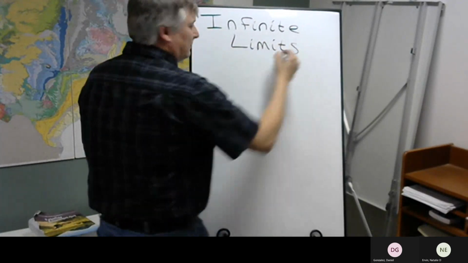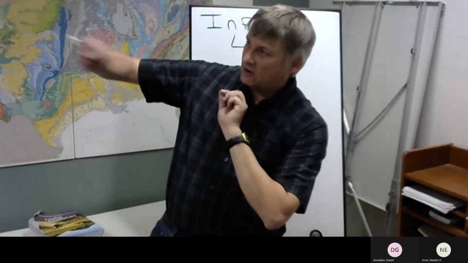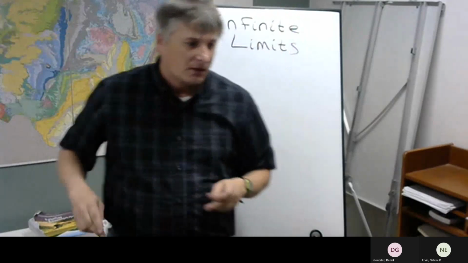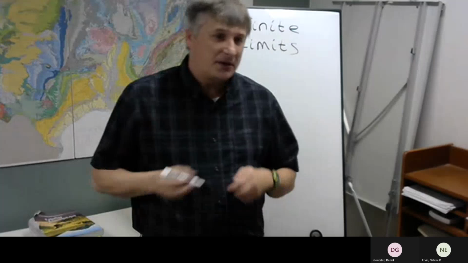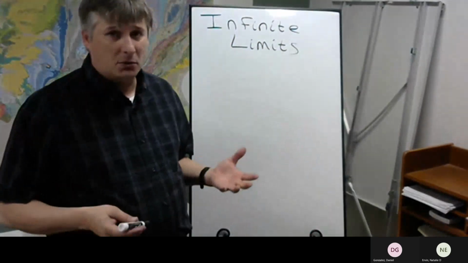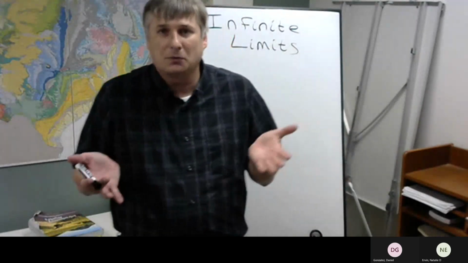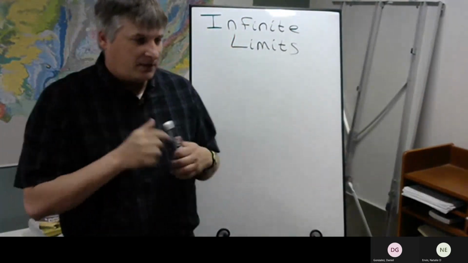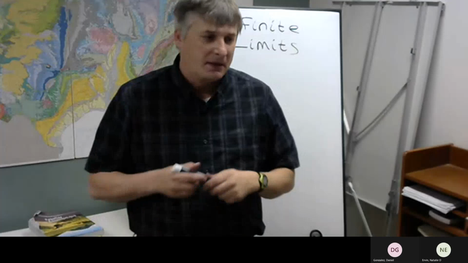Now, we looked at last time what happens if x just becomes bigger and bigger and bigger in the positive direction, or if it keeps going farther and farther in the negative direction. We call those limits as x goes to positive infinity or negative infinity. What we're looking at here, though, is different. Here we're going to be looking at situations where x is approaching some number, x equals c, but the function grows bigger and bigger and bigger. And that can happen too as x goes to infinity or negative infinity.